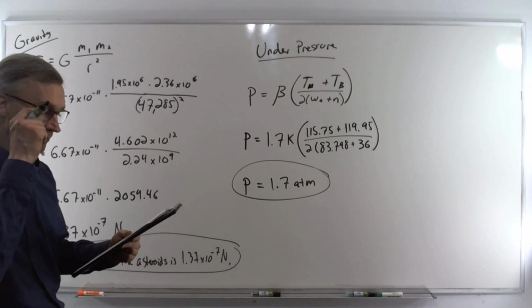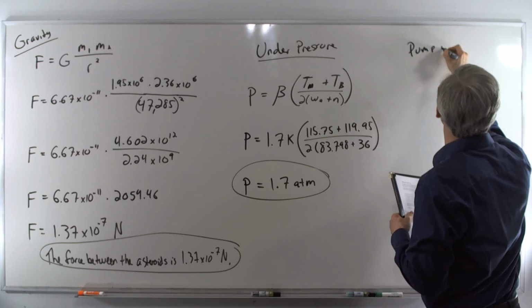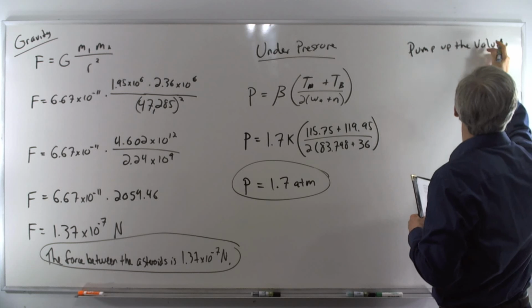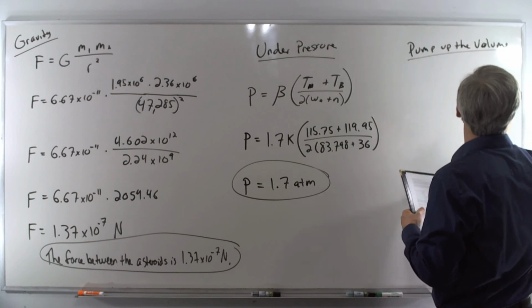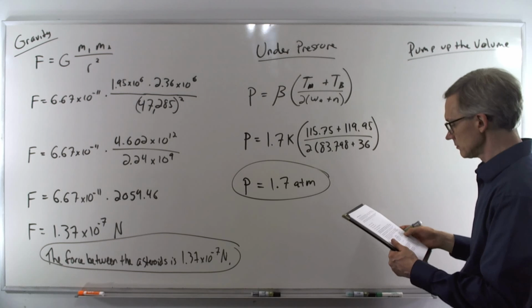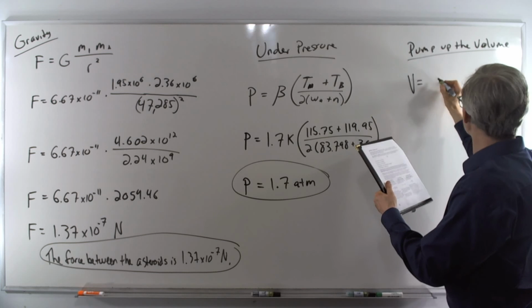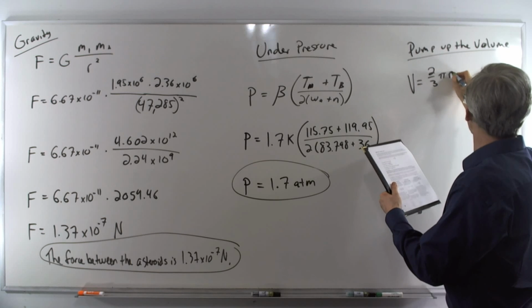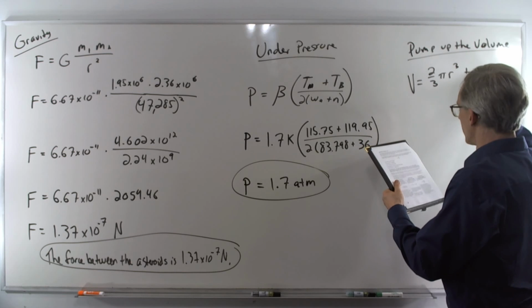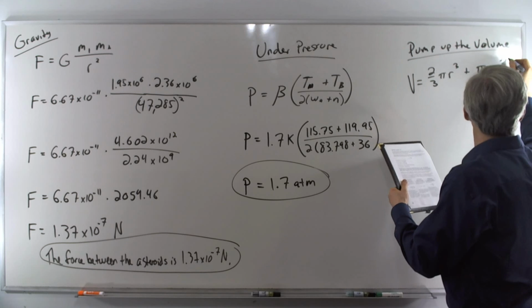All right, part 2, pump up the volume. And the equation here, 2/3 pi r cubed plus pi r sub t squared h.